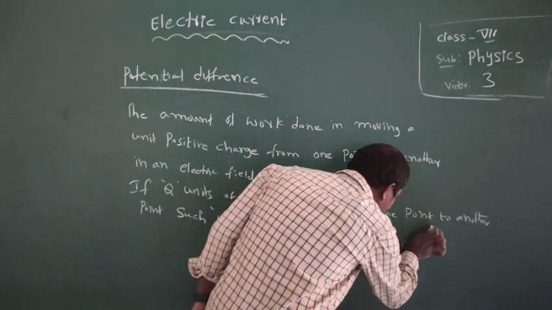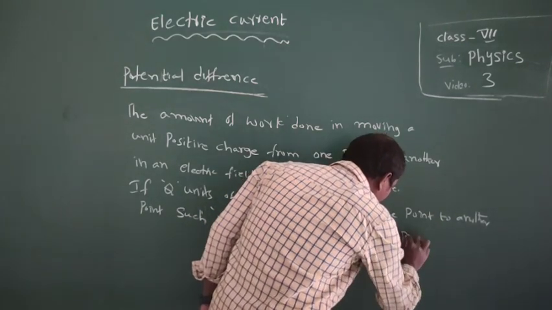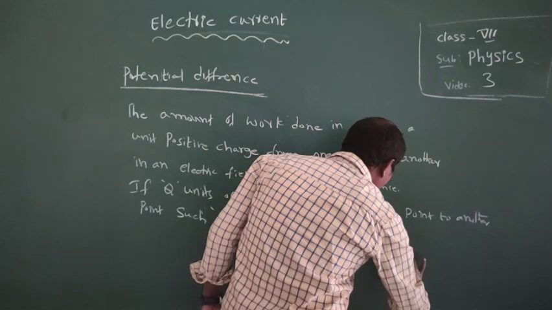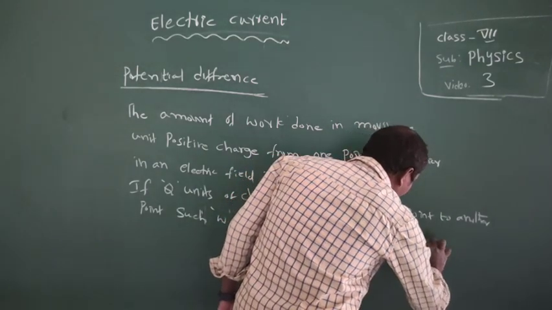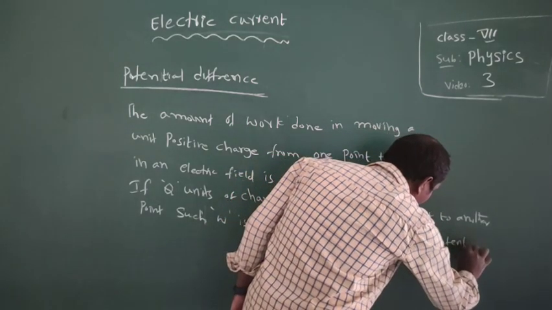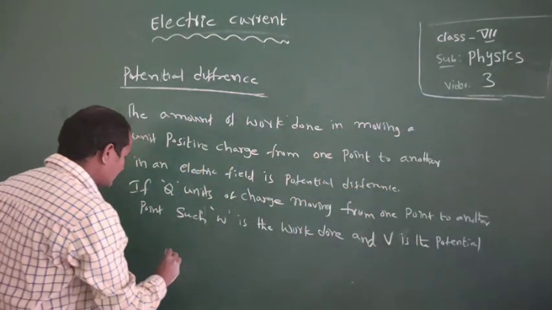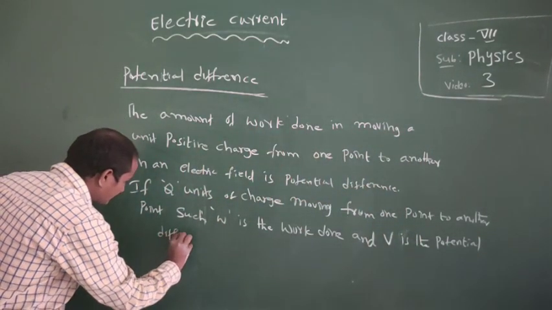Here potential difference is indicated with the letter V. V is the potential difference.